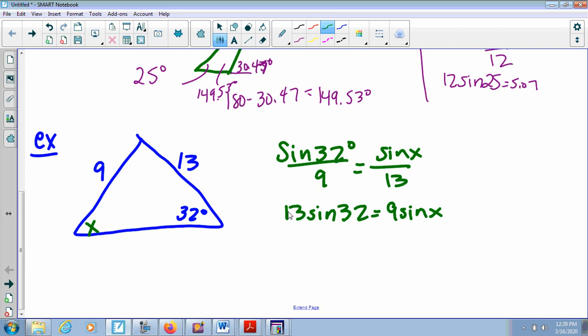13 sine of 32 equals 9 sine of x. Divide by 9. So 13 sine of 32 divided by 9. Do the inverse sine. And I got that x was 49.95 degrees.